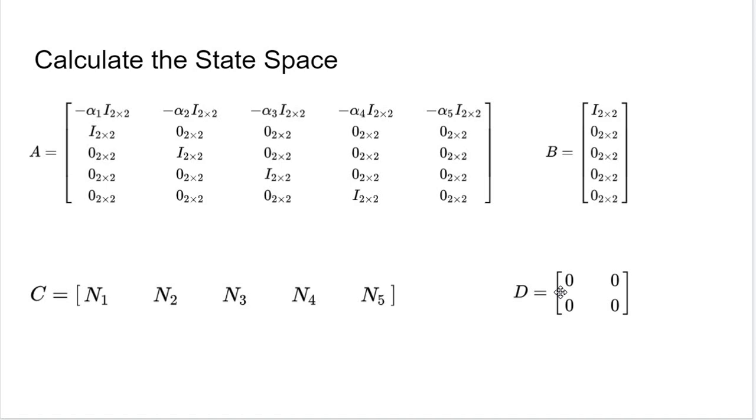And so according to that equation, since there were 5 alpha values, my A matrix should be in the form of this, and so my A matrix would be a 10 by 10 matrix in the form of this, and my B matrix would be a 10 by 2 matrix, my C matrix would be 2 by 10, and my D would be 2 by 2.